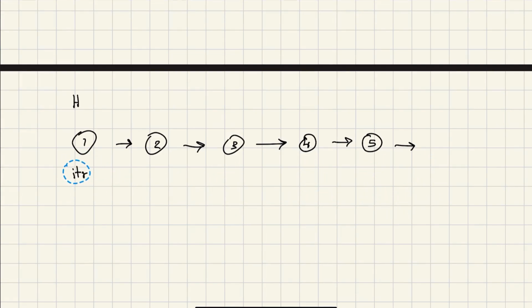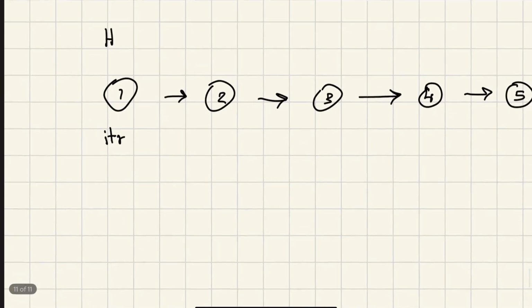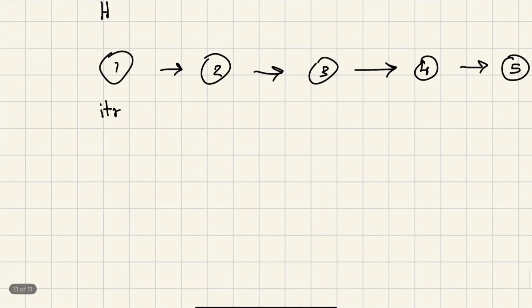So notice here, if we were to reverse the direction of this very first one, this dot next would be reassigned to nothing. So right away we need, let's say, a temp1 variable to store this nothing, this none value.